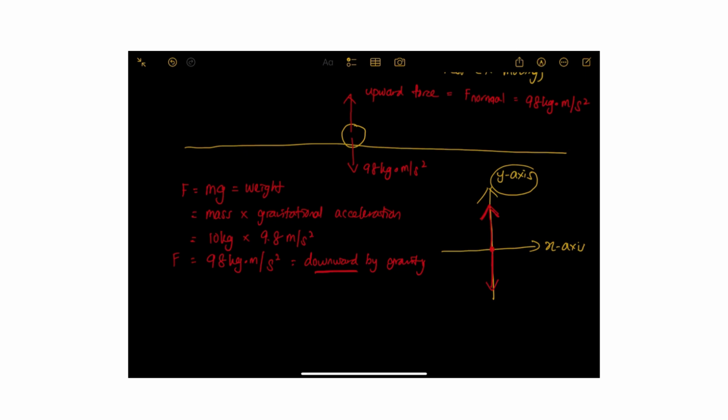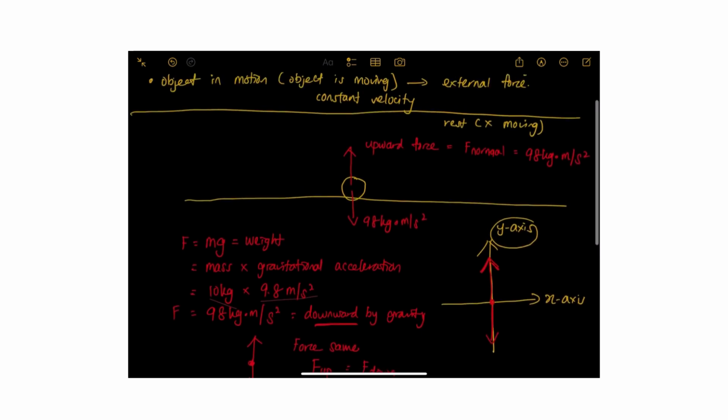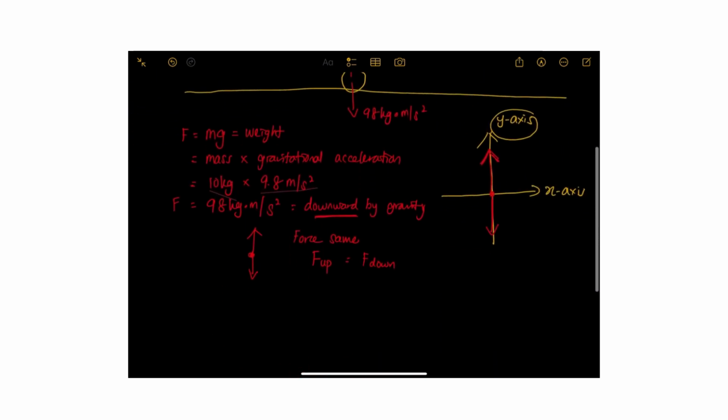So in this case, the upward force and the downward force are the same, which is for the F in the upward direction equals to F in the downward direction. It is 98 kilogram meter per second square and 98 kilogram meter per second square.